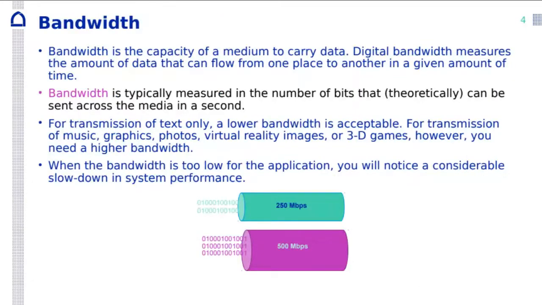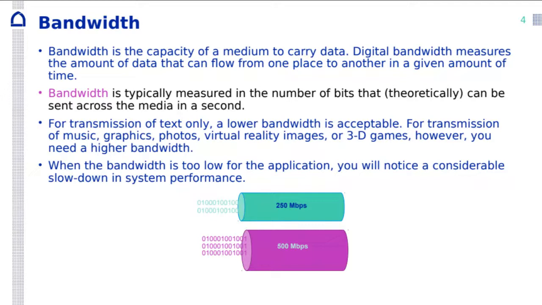Bandwidth. What is the bandwidth? The bandwidth is the capacity, not the speed, the capacity, how much it can handle to carry data. Digital bandwidth measures the amount of data that can flow, okay, in a given amount of time. And the unit for bandwidth is bits per second.